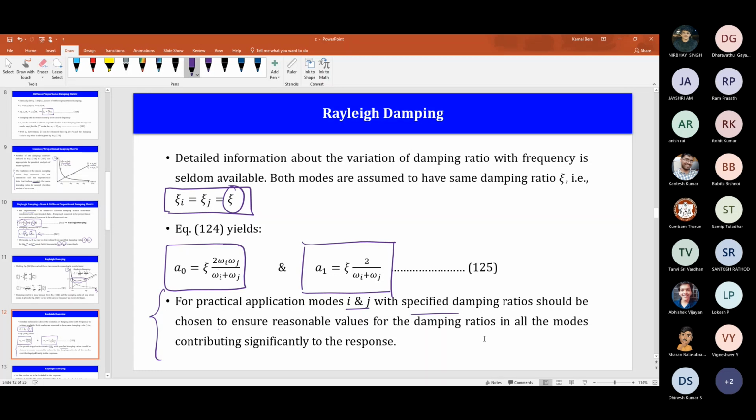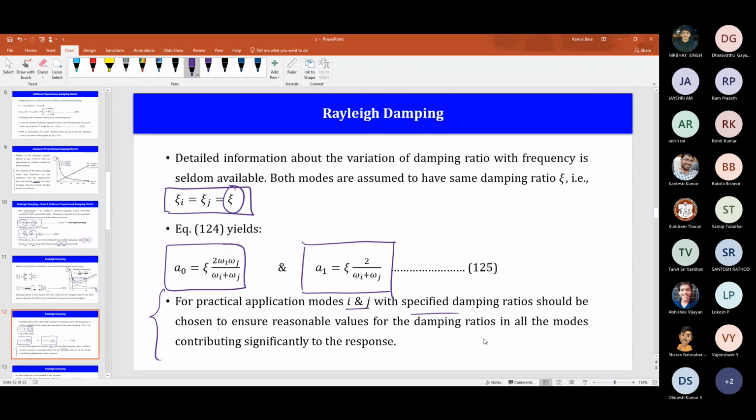So that is the consideration, and in that case you have to choose the modal damping ratio of the two modes in such a manner that the damping ratios of the other important modes are reasonable. Once you obtain a0 and a1, you can find the damping ratio of any other mode. Those damping ratios should be reasonable, not abstract.